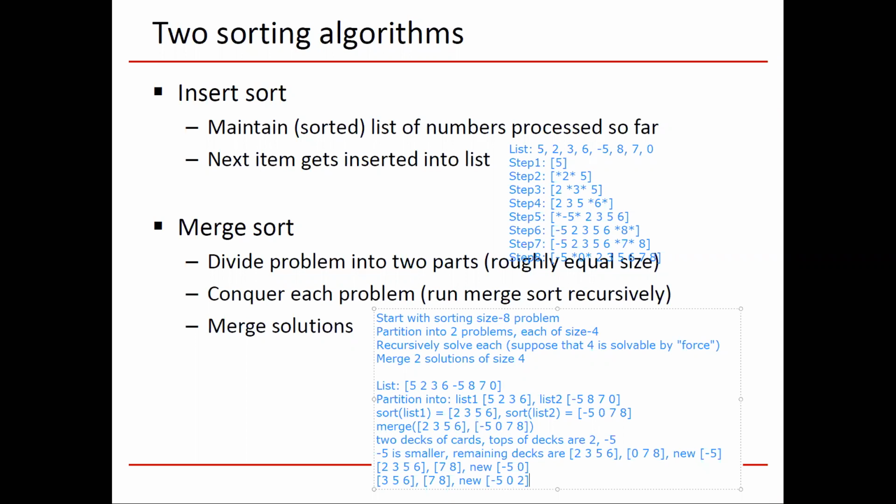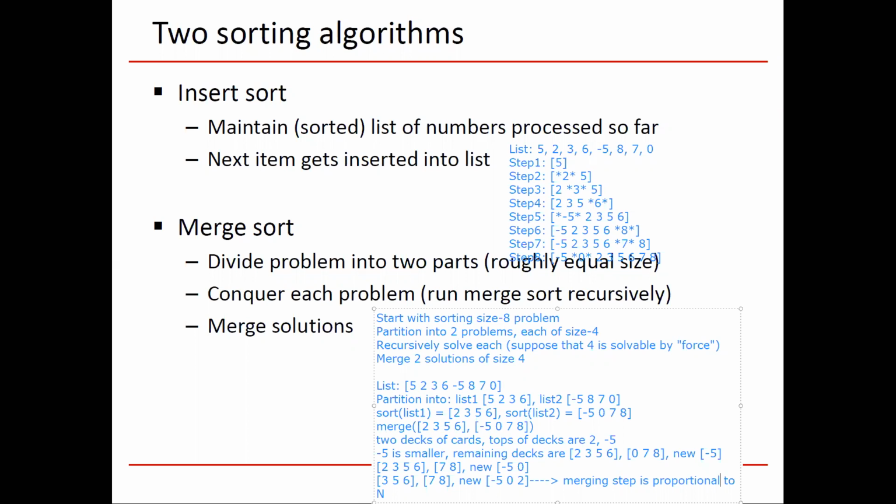And you can see that overall, the merging step is proportional to n. The number of steps: I had 2 decks of cards. Each of them had half of n cards. In my example, it was exactly half of n because n was 8, half of n was 4. Assume close enough to half.